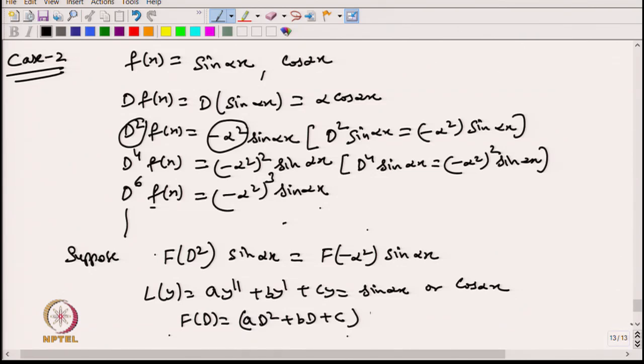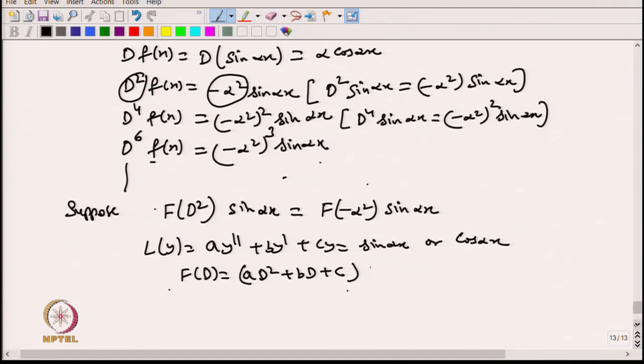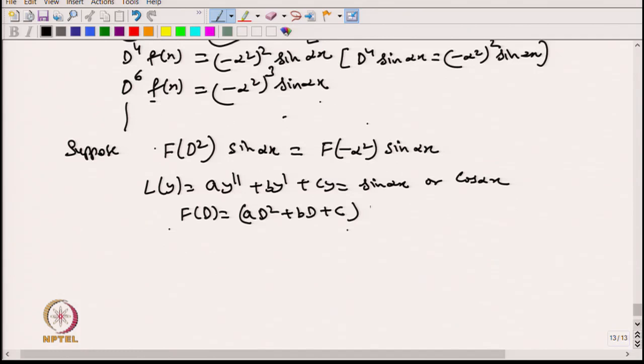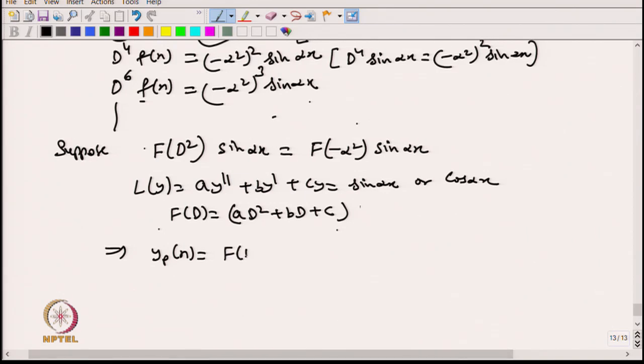In f(D) I have the D square value here, not elsewhere. So, I want to find my particular solution. The particular solution will be f(D) inverse into sin of alpha x.